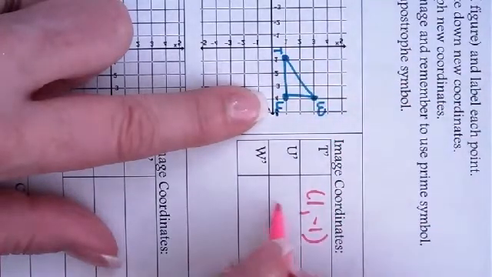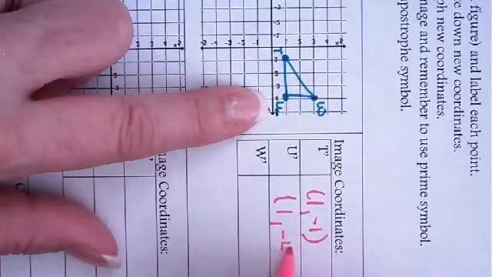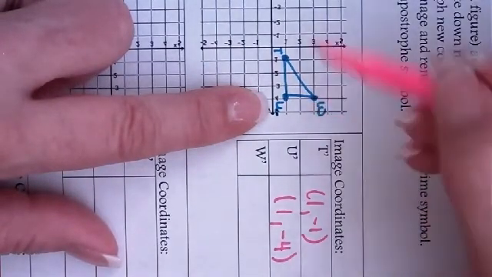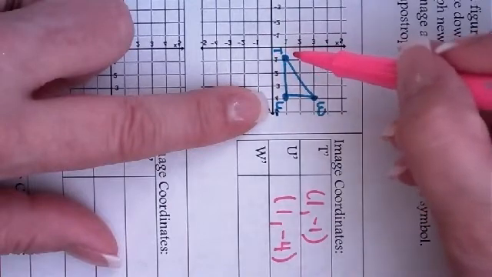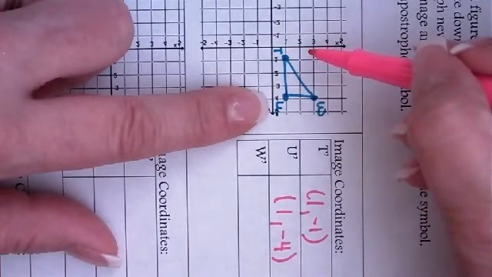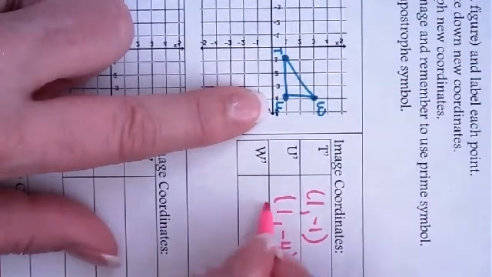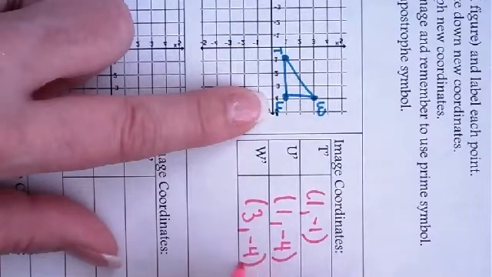Since I went down, it's negative, so it's going to be 1, negative 4. W right here is actually at 1, 2, 3, and then down 1, 2, 3, 4. So it's at positive 3, negative 4.